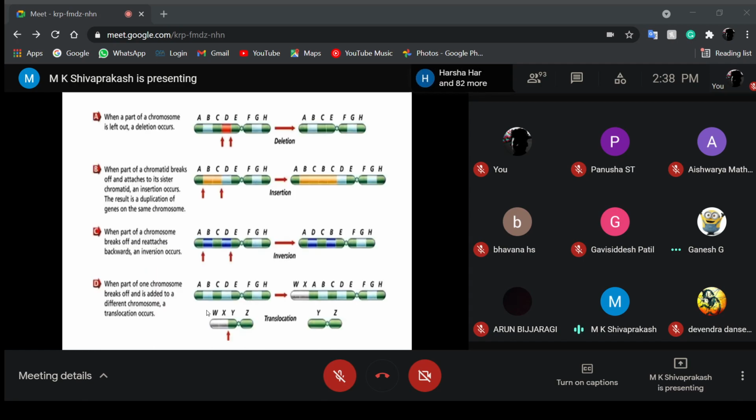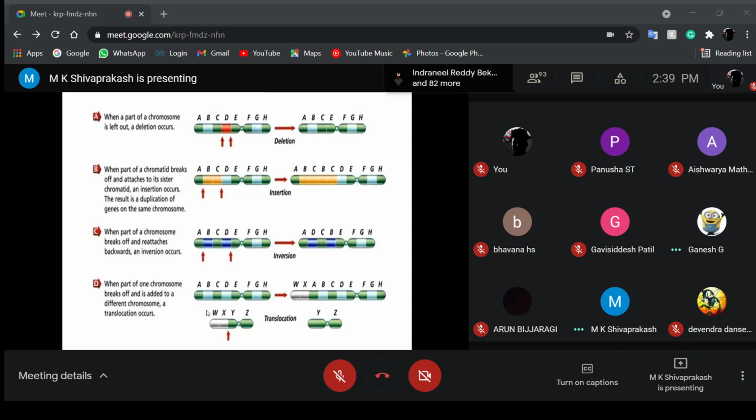When a part of the chromosome is left out, it is deletion. When it is removed, as the arrows show, that part is lost. Thus it affects the functions of the chromosome, as the genetic information in that region is lost.